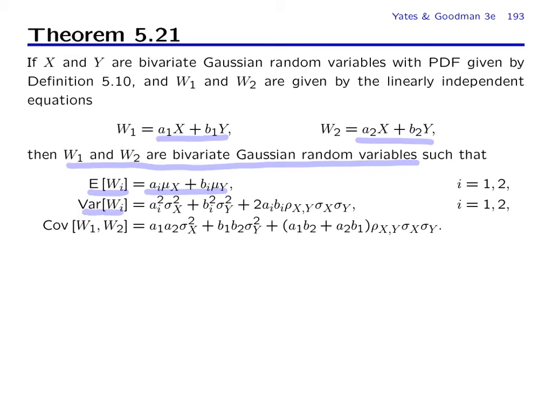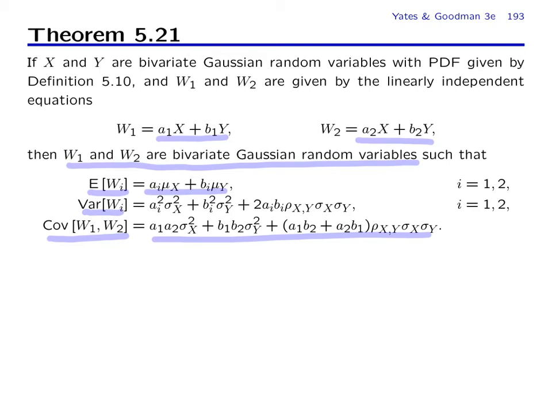You calculate what the variance of each W is, and then by multiplying them together and taking the expected value, you can also get a nice simple expression. It looks a little complicated here, but it's simple for MATLAB, to get an expression for the covariance of W1 and W2.